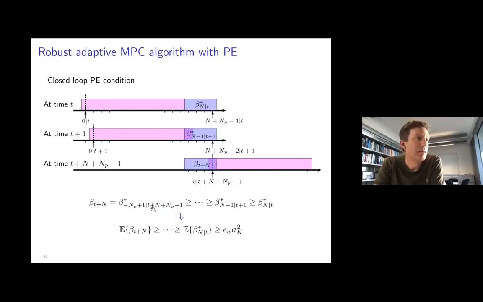So given the monotonicity properties of these beta values, we can set up a load of inequalities like this. If we take the expectation of each of these inequalities, we end up with a bound on the closed loop value of expected beta.